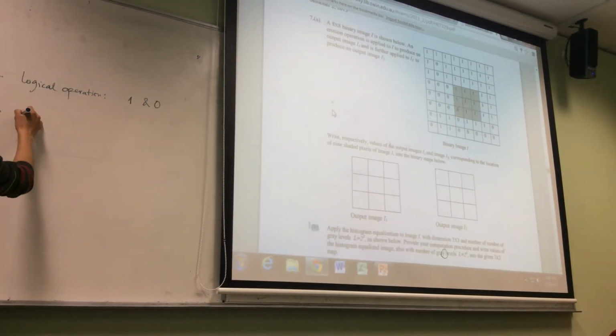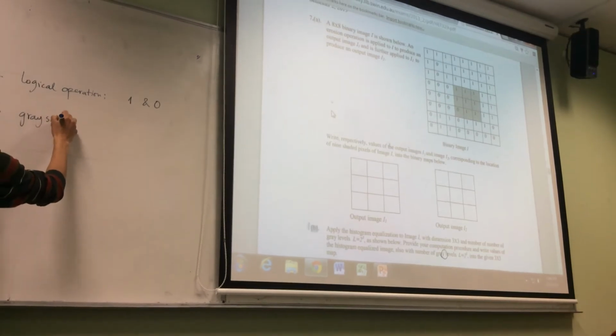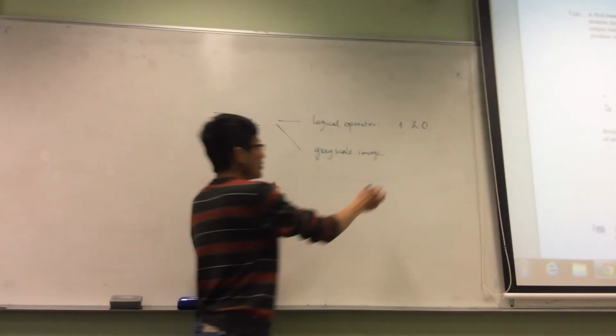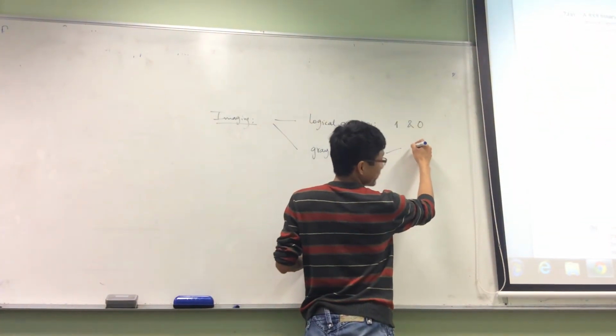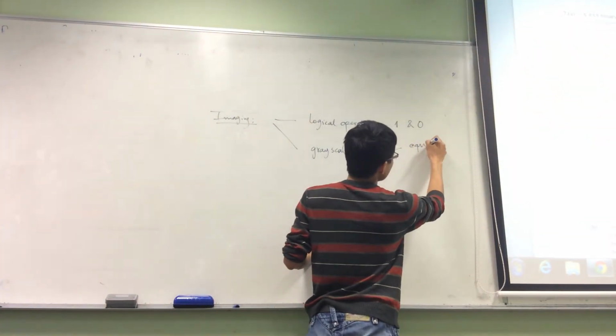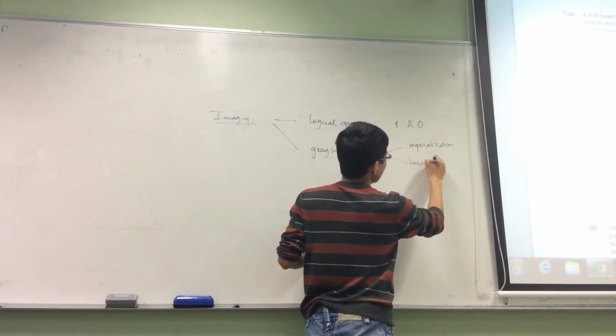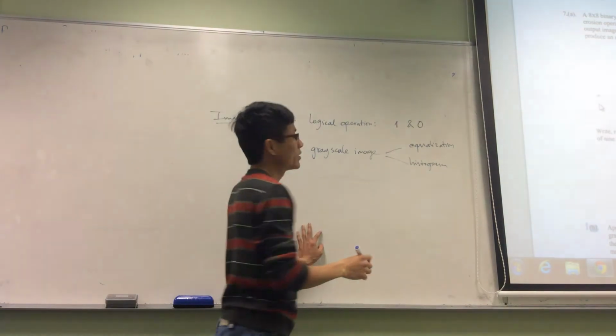So it's about the grayscale image, including equalization, maybe histogram things. So that can be asked.